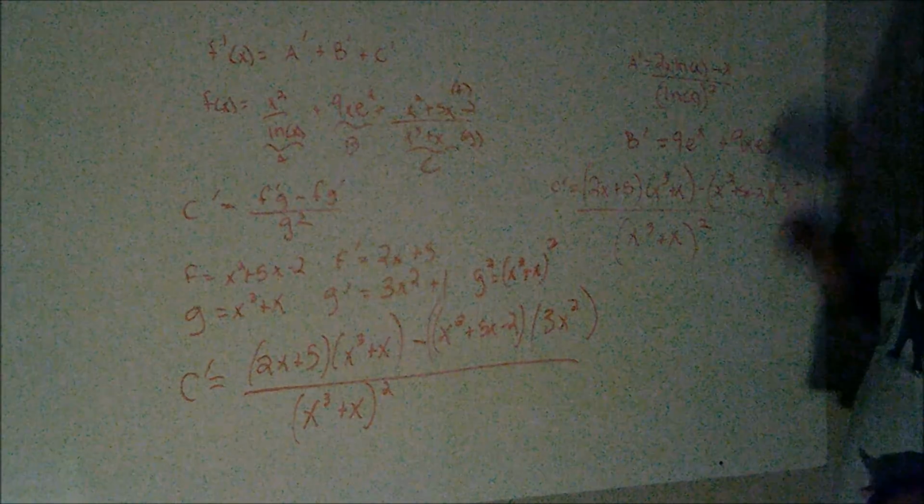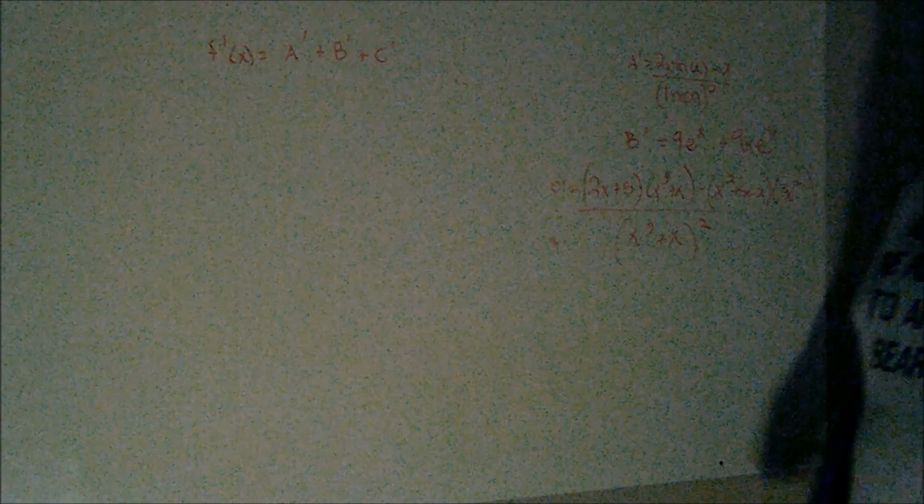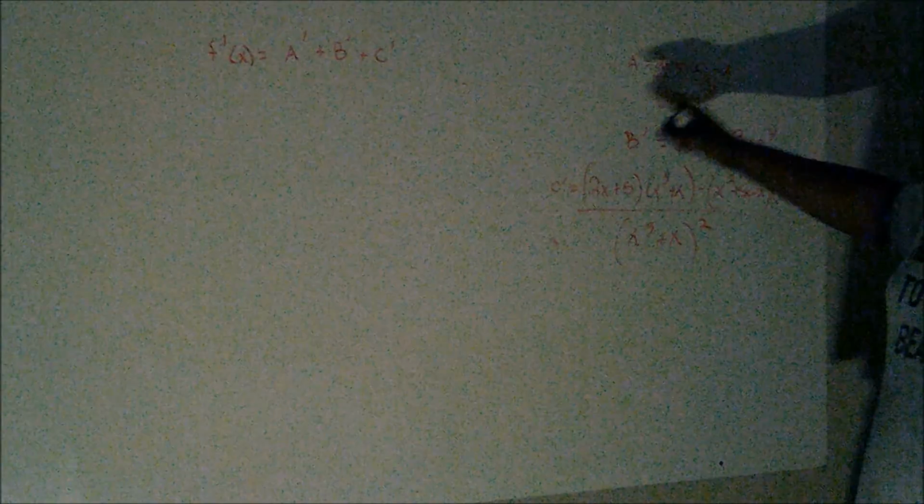So now we have all those terms. We said that f prime of x is equal to a prime plus b prime plus c prime. So we just add all of these together. I'm going to start here at the opposite end so that we have enough room.